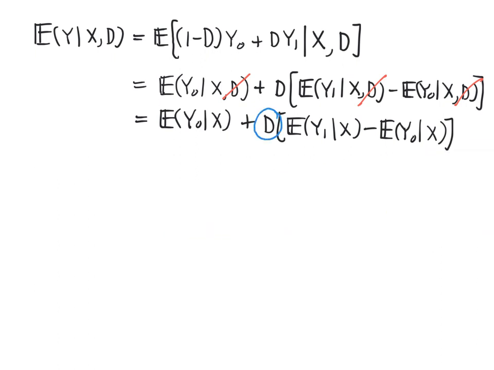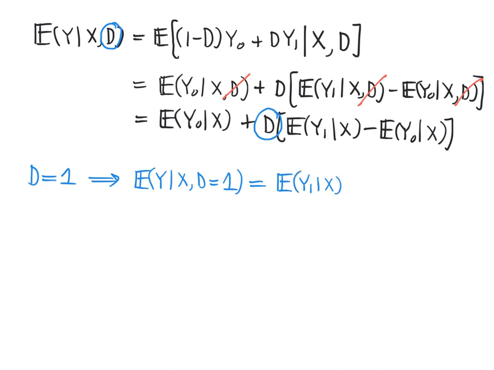Now let's take a closer look at d. If we set d equal to 1, then we will discover that the expectation of y given x, comma d equals 1 is equal to the expectation of y1 given x. That's because the first expectation of y0 cancels with the second.